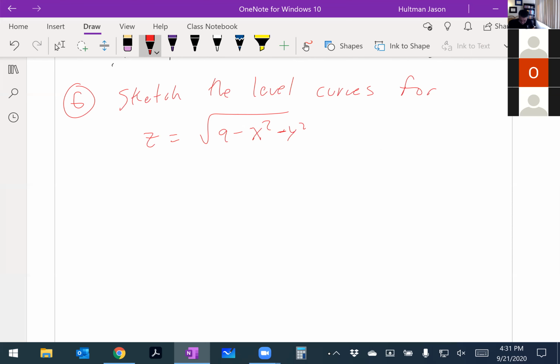So again, this thing was the top of that sphere, right? We want to sketch the level curves.